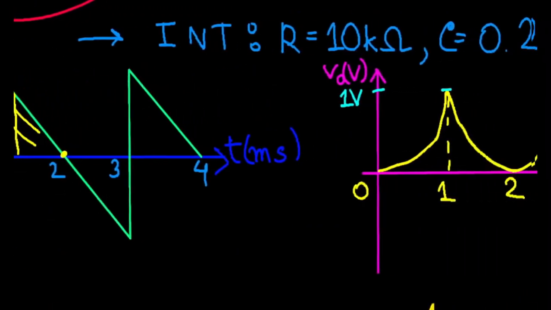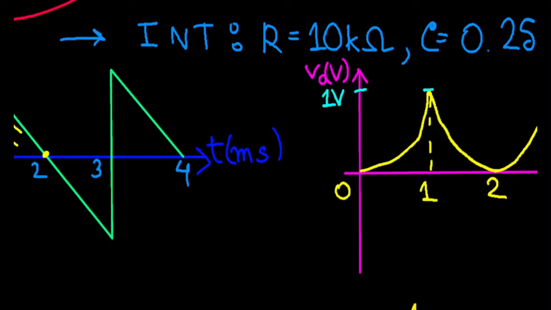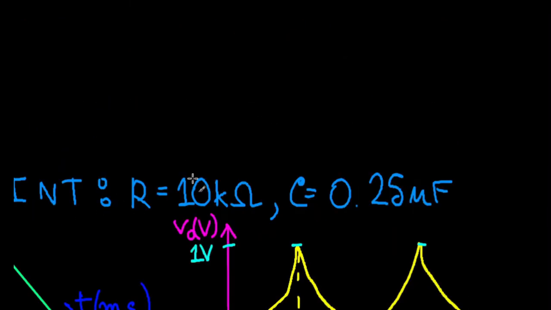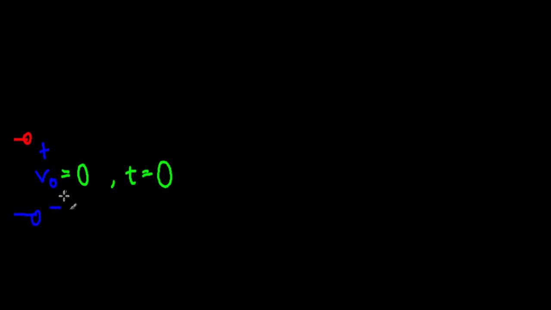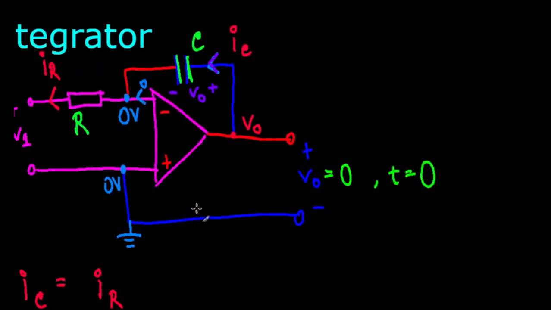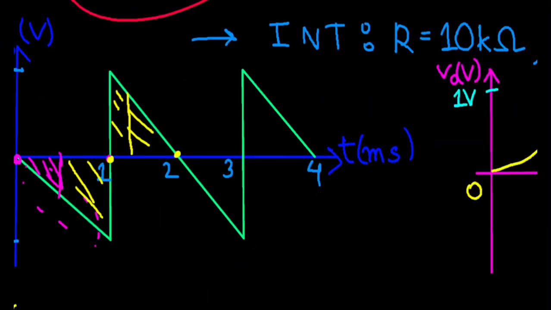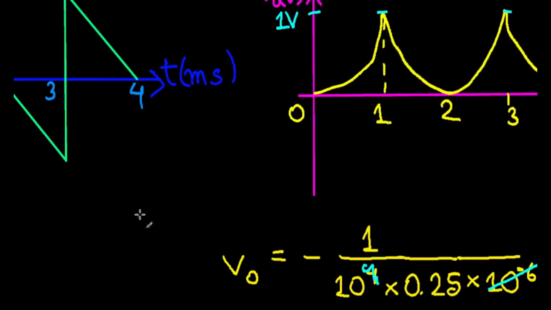You just feed this signal to an integrator with these values, and then you get a very different curve. Again, the amplifiers which just do arithmetic operations are not exactly able to do something like this. Okay, so really fascinating.